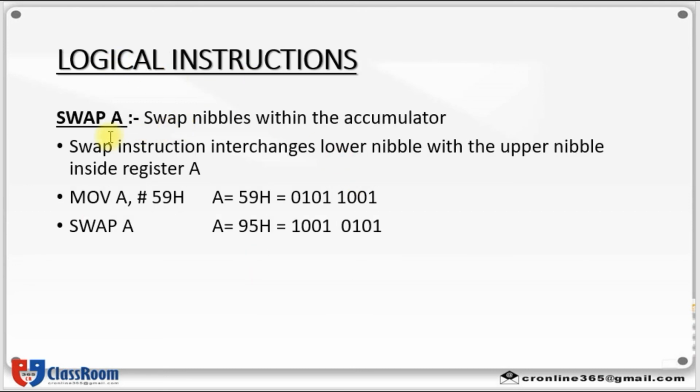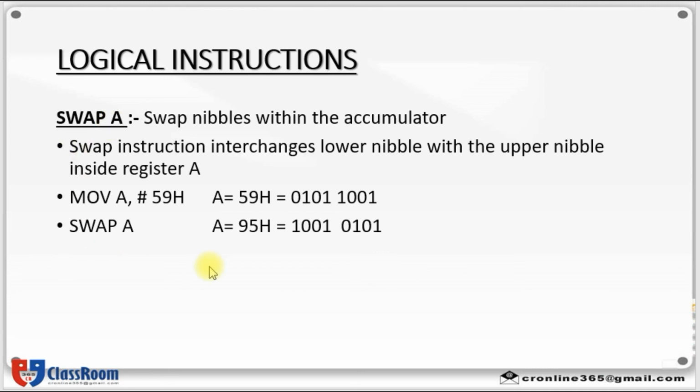Then one logical instruction is swap A. Swap means interchanging the contents. Here, the logical instruction swap A means swap nibbles within the accumulator. That means the swap instruction interchanges the lower nibble with the upper nibble inside the accumulator.